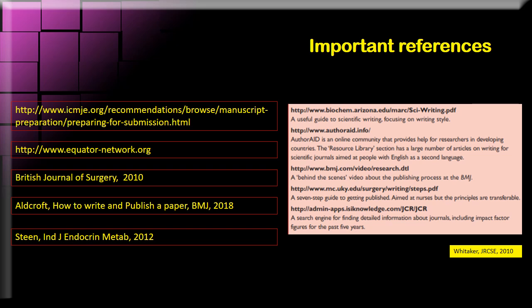I have put the important references in this slide. This presentation is available to all of you. So please try and visit each of these sites that I have recommended. Particularly important is this British Journal of Surgery, 2010.